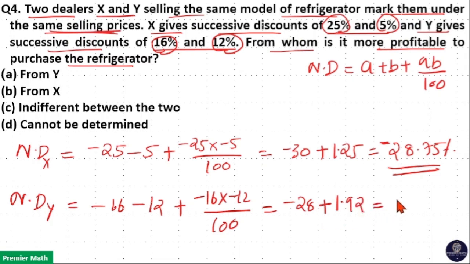So this will become minus 26.08, means discount of 26.08%. Here discount for X is more. So more profitable is from X. So X gives more profit. More profitable to customers is equal to more discount. So option B is your answer.